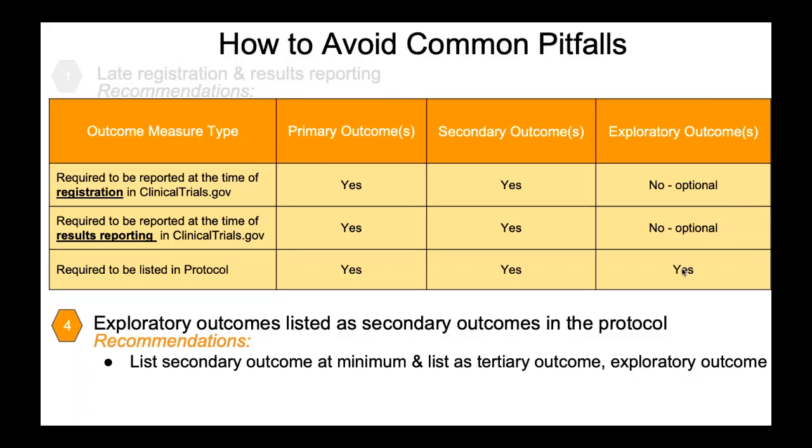And exploratory outcomes include outcomes that may or may not be available or meaningful. So in the protocol, it's totally reasonable to list one primary outcome, which is the endpoint for which the trial is powered, and maybe pick one or two important secondary outcomes and then list the rest of the outcomes as exploratory outcomes. That's just our recommendation.